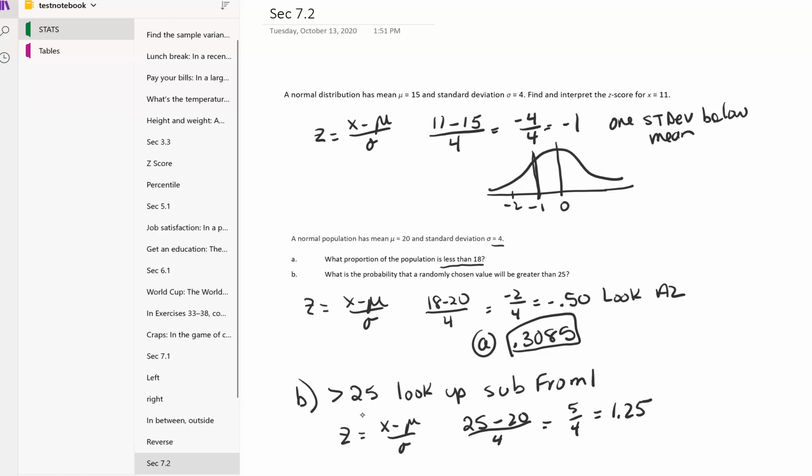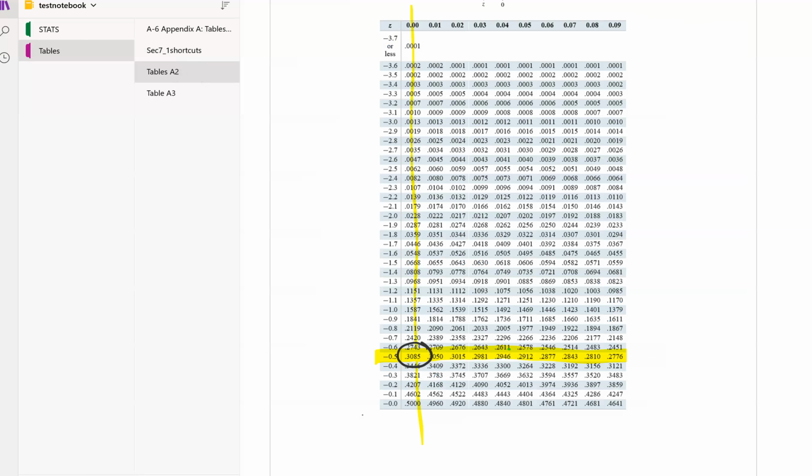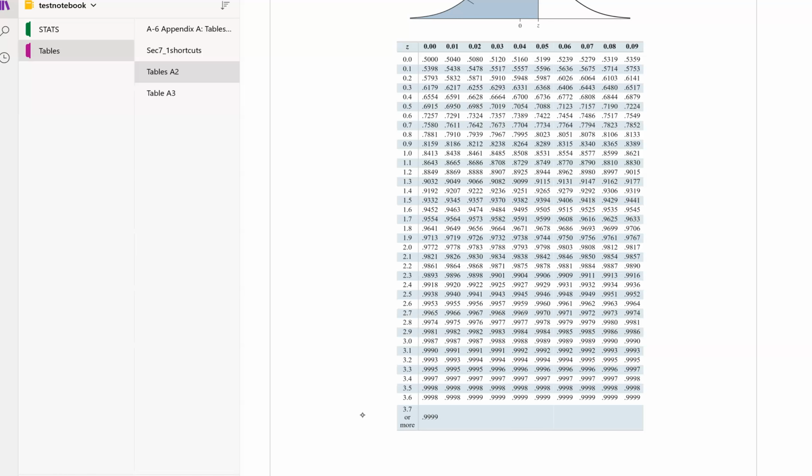1.25. So I'm going to go look that up in the chart, 1.25. So 1.2, and the 5 is here.